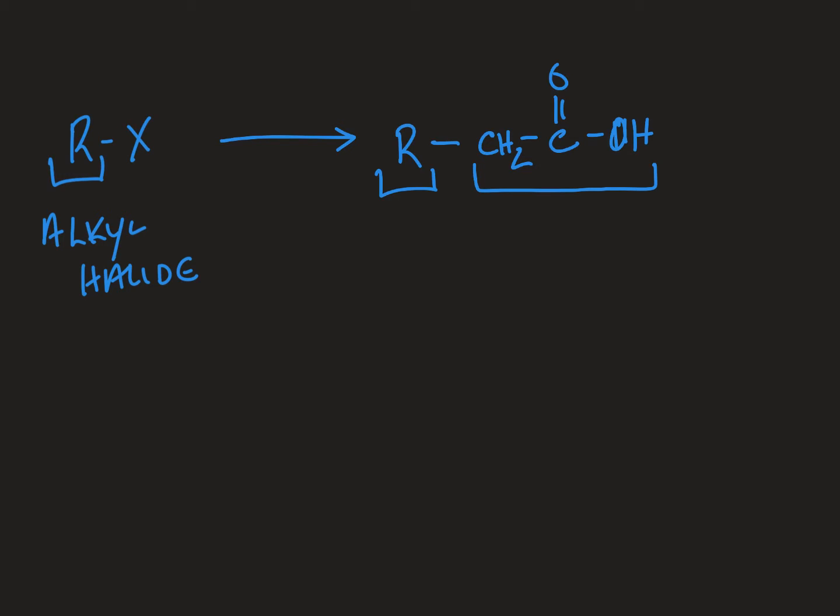You can add twice, and that second R group does not have to be the same as the first R group. So that is also possible. But again, the overall thing you want to keep in mind, alkyl halide converted to a carboxylic acid that has 2 more carbons than the original alkyl halide did.